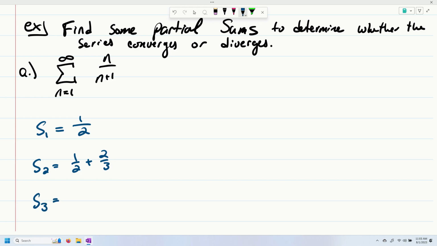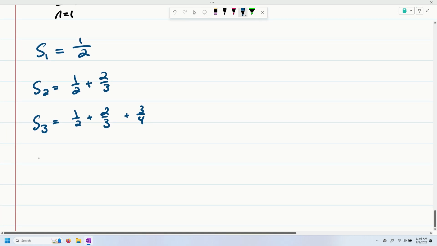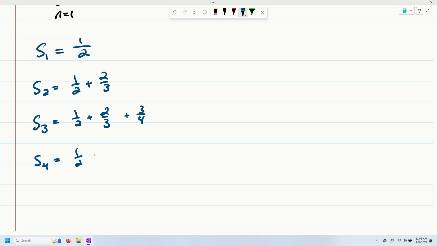When n equals 3, we get 1/2 plus 2/3 plus 3/4. When n equals 4, we get 1/2 plus 2/3 plus 3/4 plus 4/5.